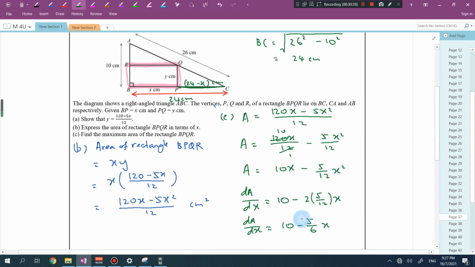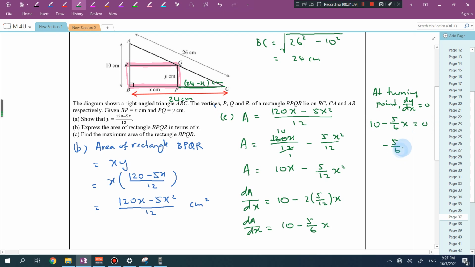Now we got the first derivative. We know that for maximum, dA/dx will be equal to 0, right? At a turning point, dy/dx is equal to 0. So it means that this whole thing is equal to 0. 10 minus 5 over 6 x is equal to 0.